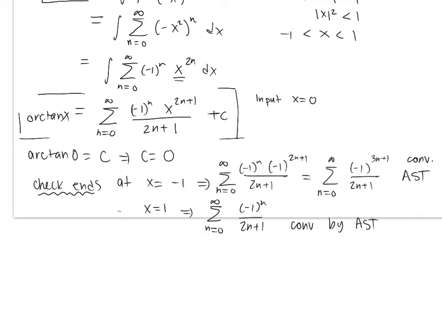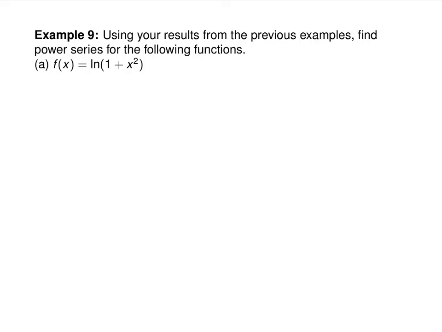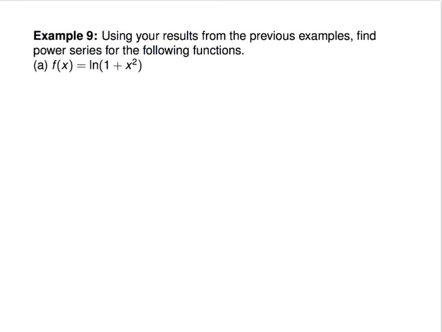So this example, do you see how I have f of x equals ln of 1 plus x squared? We had a formula for if f of x equaled ln of 1 plus x. This was the sum from n equals 1 to infinity, negative 1 to the n minus 1, x to the n over n, right? That was the re-indexed version.